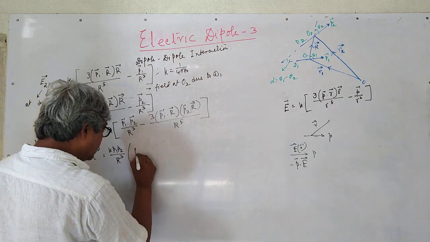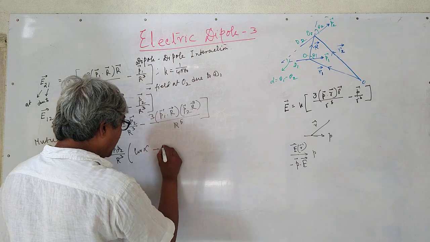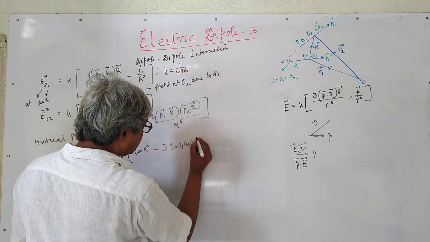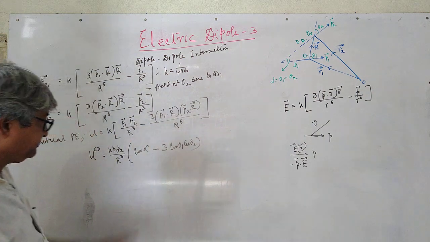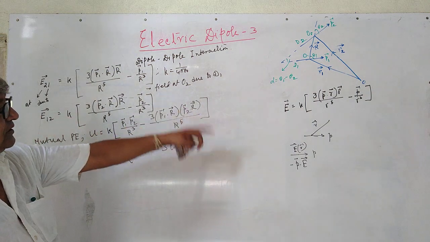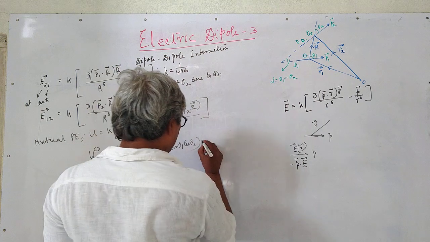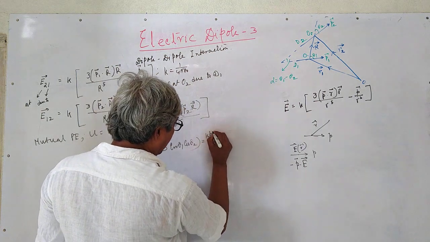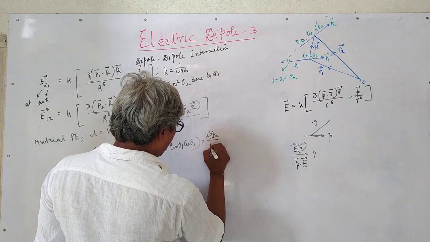This part is cos alpha minus 3 cos theta 1 cos theta 2. Again, note that alpha is theta 1 minus theta 2, so we can further simplify it as k P1 P2 by R cube.